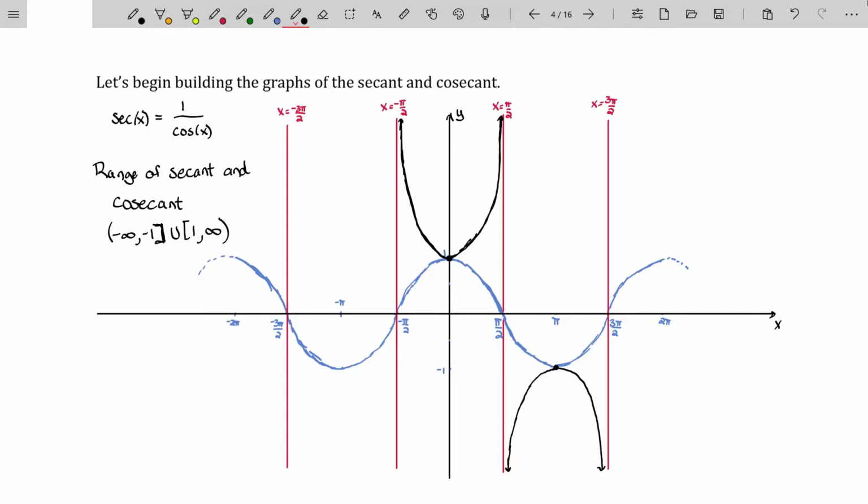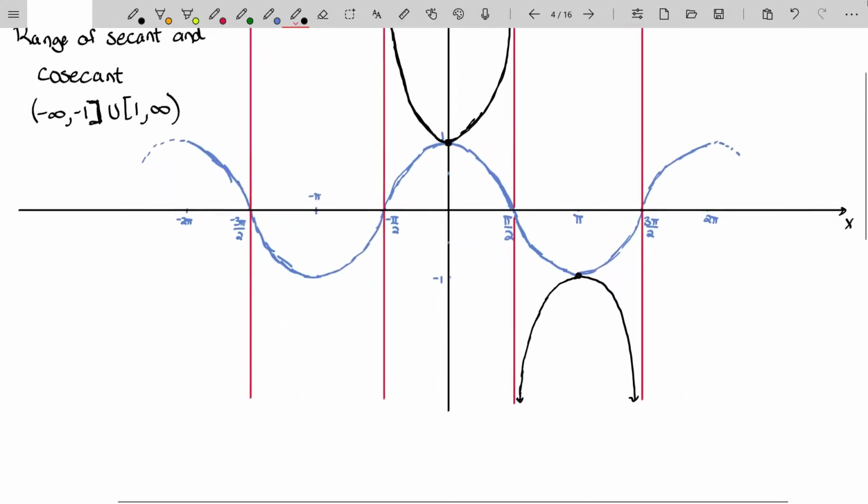And basically that means that the secant cannot be anything the cosine is, except for the 1 and the negative 1. They meet up at 1 and negative 1, but otherwise they never meet. So kind of a neat way of visualizing this.